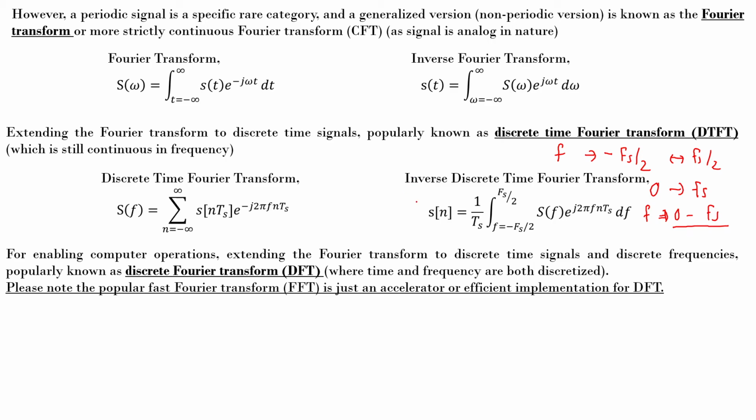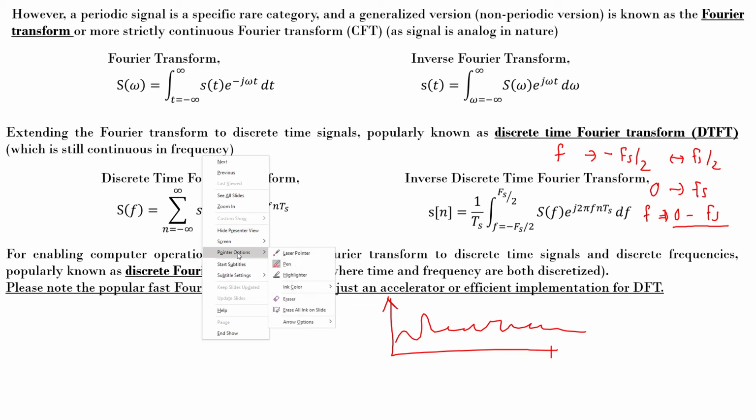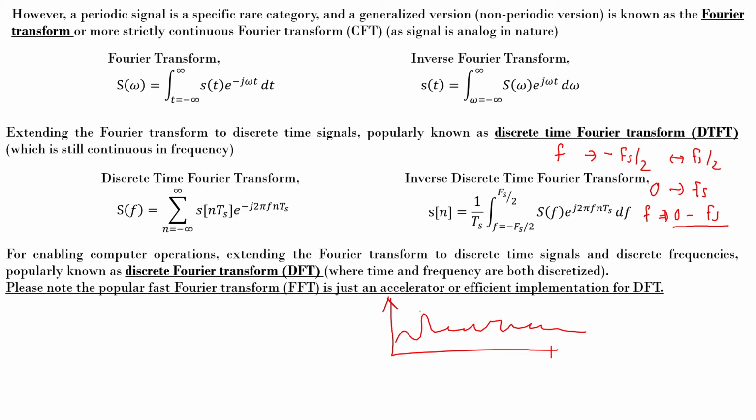Let me make it very clear. You have some random signal, and I am going to take Fourier transform of only a small region of it. Let me mark that. So let's say this is the region I am going to take Fourier transform of. I take this out and then take the Fourier transform. Then the Fourier transform thinks that the same signal is going to get replicated.